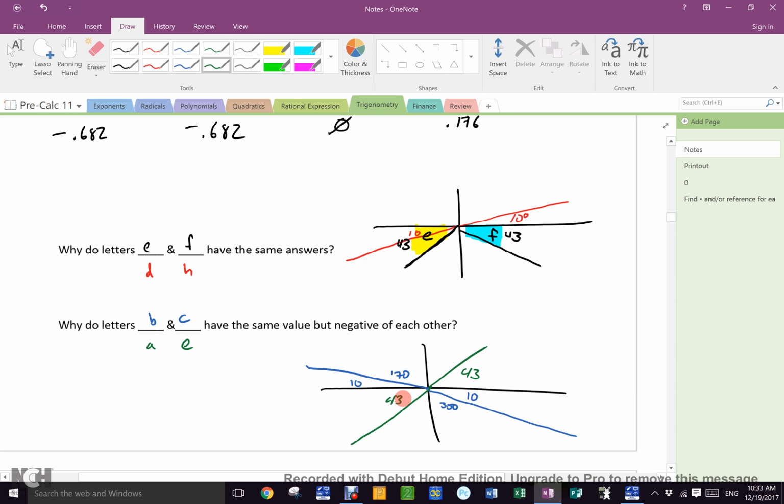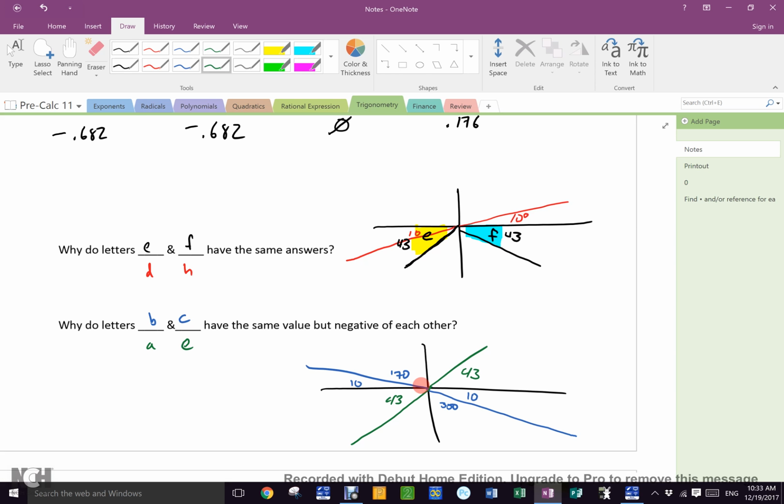So what is our calculator in all of these examples giving us when we push sine 223? Is it giving us the sine of 223, or is it giving us the sine of the reference angle? It's giving us the reference angle, isn't it? How do we know where it goes? CAST. If it's negative, it must be down in here for sine. Everybody cool?